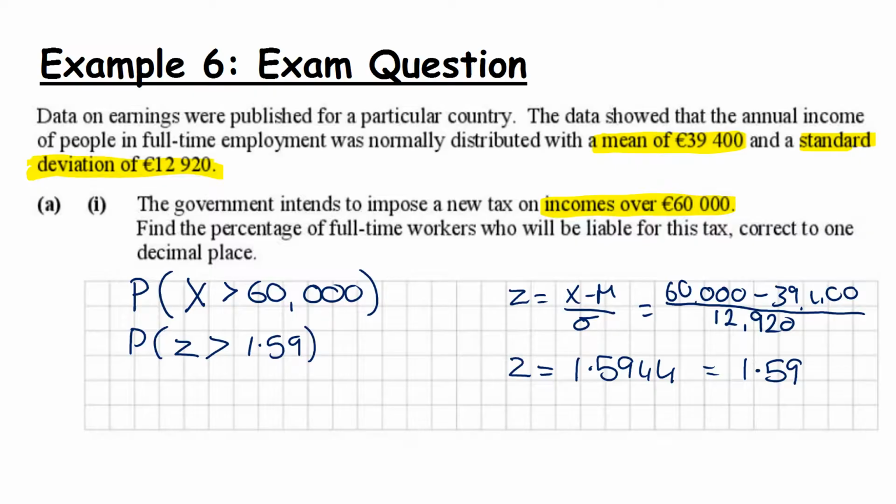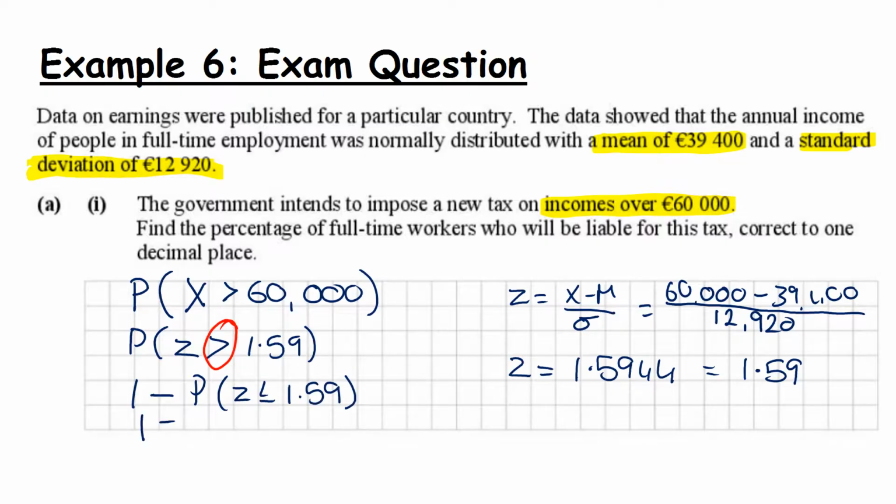So now what I'm going to do is I'm going to go to my log tables, and you should see that this is now a greater than sign, and so I cannot use my z-scores as is. I have to be able to have a less than or equal to sign. So remember how we dealt with that? Instead we said we know the probability of all of it is 1, and then we take away the probability that z is less than or equal to 1.59.